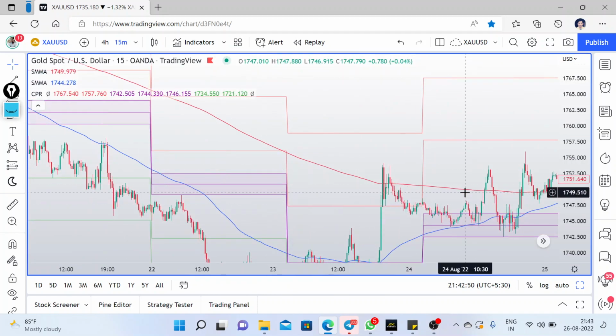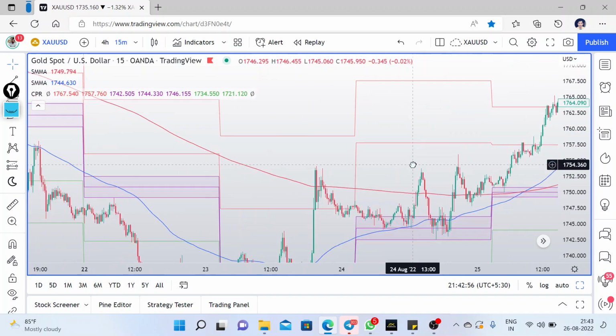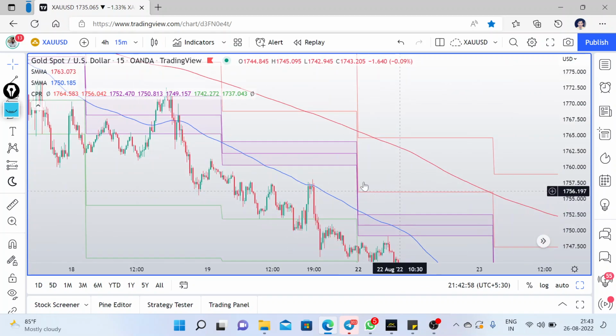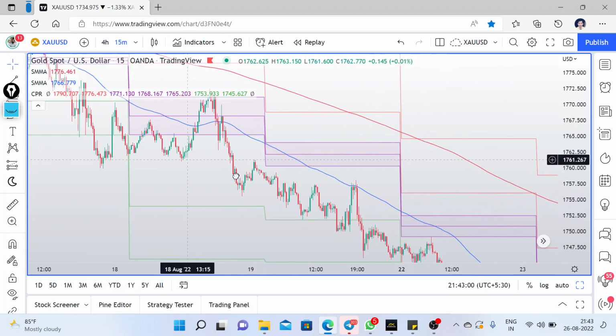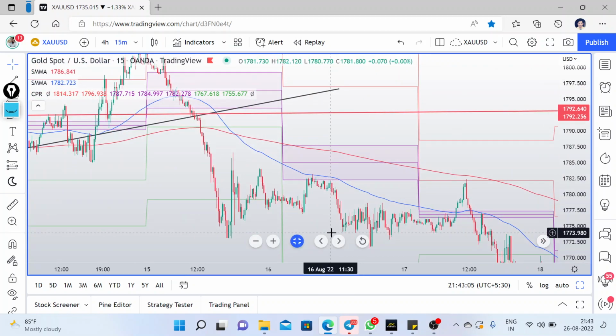As you can see, this is the recent crossover, this one. Before that, you can see we do not have any crossover. So the failure rate of this method is very low if you use it properly and if you follow the method with proper money management.